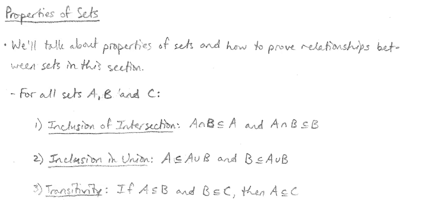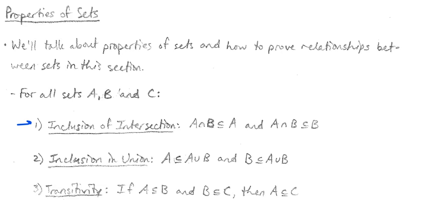All that property number one is really saying is that the intersection of two sets is a subset of each set. So A intersect B is a subset of A, and A intersect B is a subset of B. The second one, inclusion in union, is saying that if you have two sets A and B, then A and likewise B is going to be a subset of the union of those two sets.